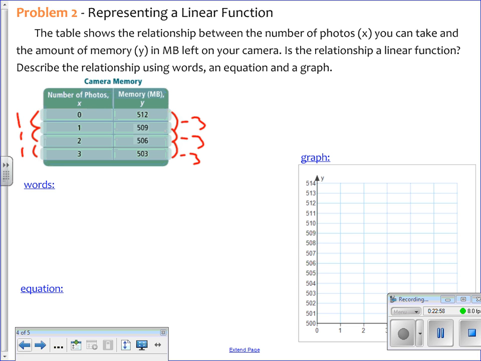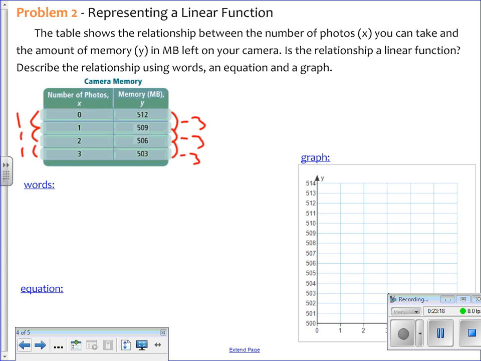Now, if these aren't all 1s, but they're all 2s or all 5s, it doesn't matter. The other way to tell is to take this difference and divide it by that one, and see if I get the same number each time.